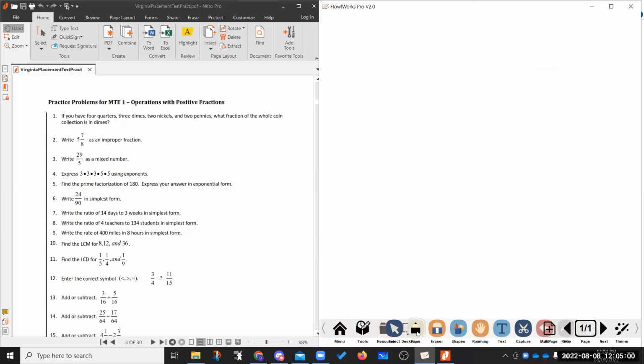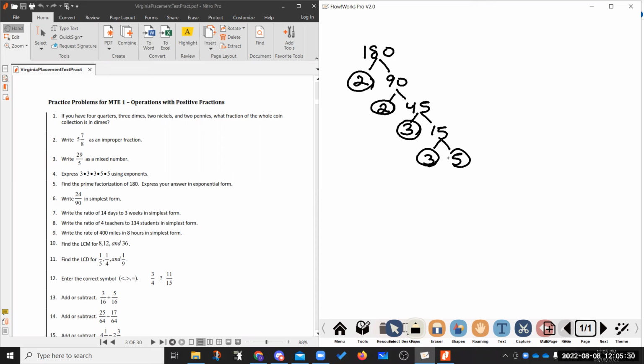Now we're going to do number 5. It asks us to find the prime factorization of 180. We're going to use a factor tree for this. We're going to start with 2 times 90. 2 is a prime number. 2 times 45. 2 is a prime number. 45 is not even anymore, so we're going to see if 3 goes into it. 3 times 15. 15 is 3 times 5.